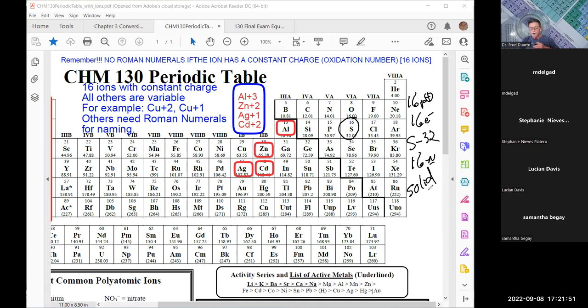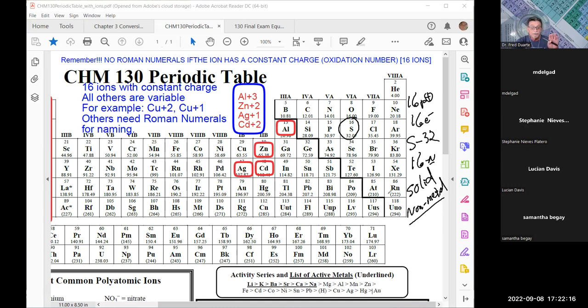All right, so what else do we know? Is it a metal, non-metal, or a metalloid? Okay, that's good. It is a non-metal. Okay.